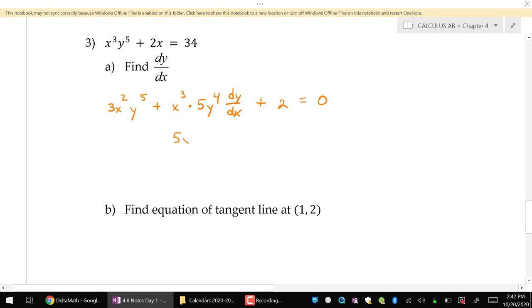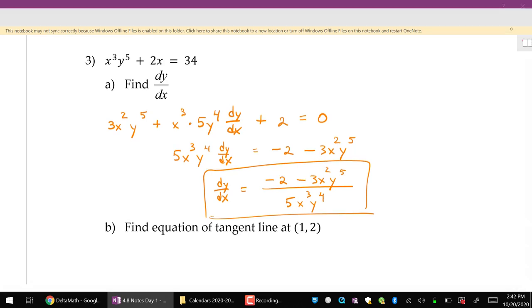So 5x cubed y to the 4th dy dx is equal to, subtract the 2, subtract 3x squared y to the 5th. And then final answer here would be dy dx is equal to, again, negative 2 minus 3x squared y to the 5th, all divided by 5x cubed y to the 4th.